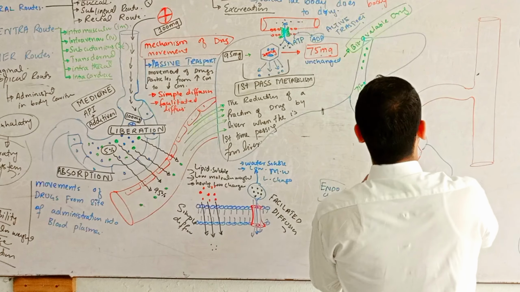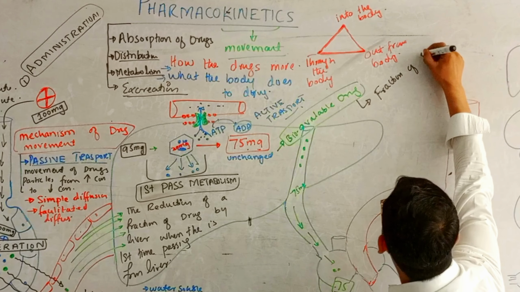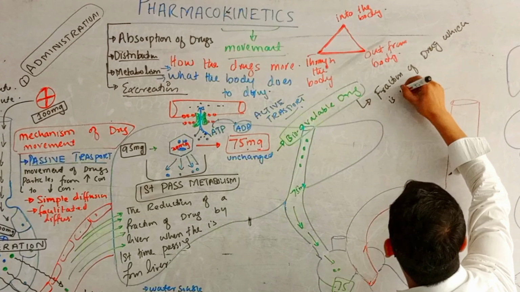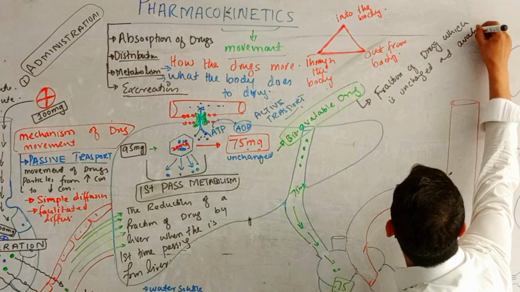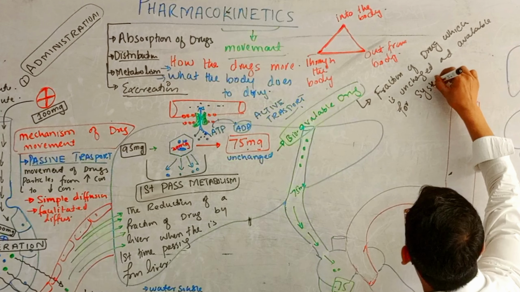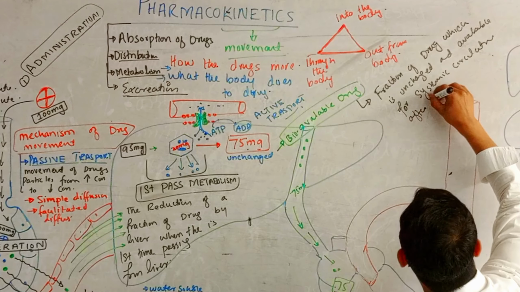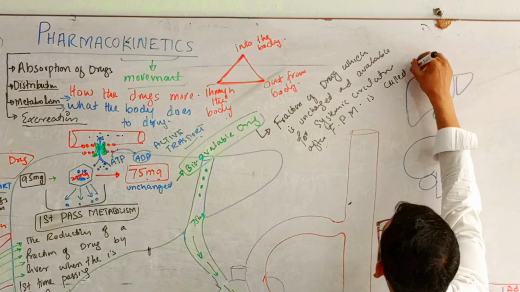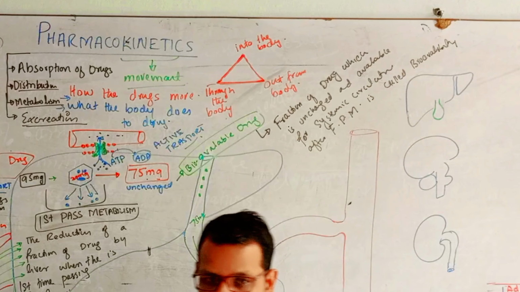Write it: fraction of drug which is unchanged and available for systemic circulation after first pass metabolism is called bioavailability. And various drugs have various bioavailabilities.